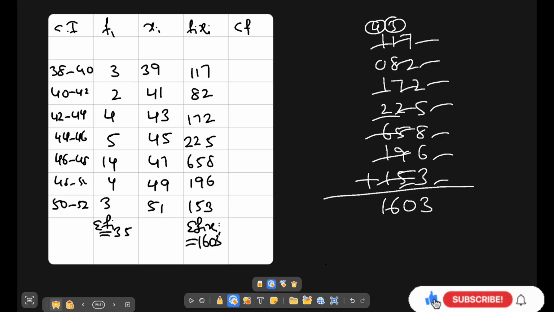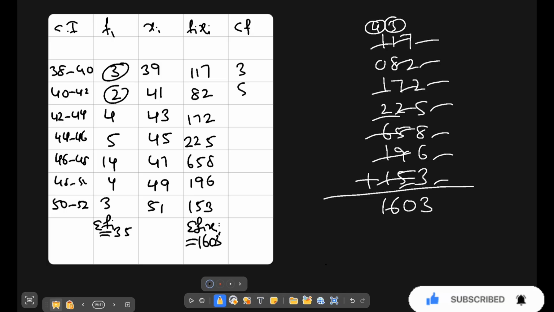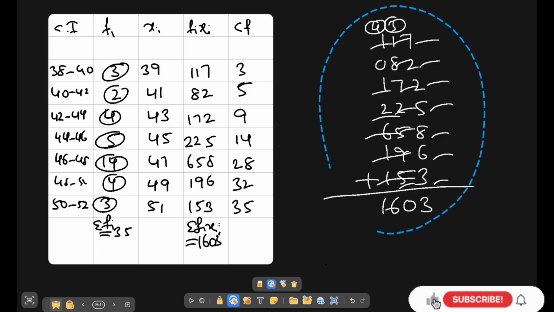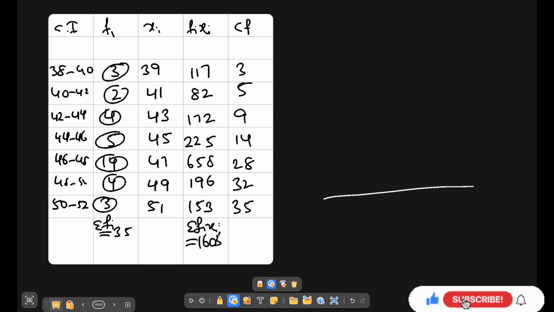So next, cumulative frequencies for median. So 3, 3 plus 2, 5, plus 4, 9, plus 5, 14, plus 14, 28, plus 4, 32, plus 3, 35. So let's find the mean.